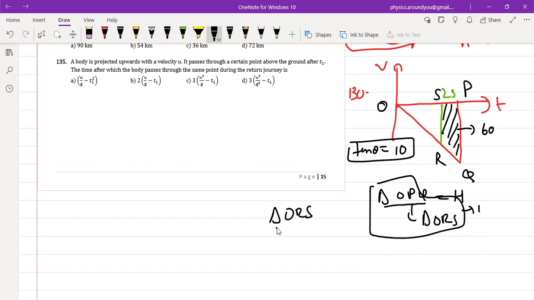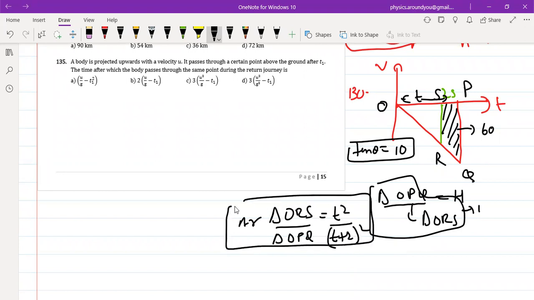Triangle ORS to triangle OPQ area ratio should be equal to, let the small time be t, t square by t plus 2 whole square. Do I know anything more?